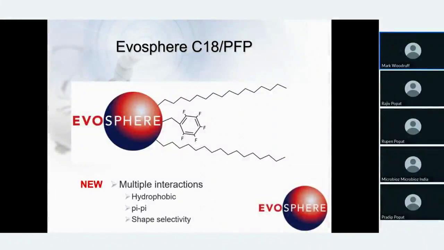We have pi-pi interactions coming from the fluorine dipole moments on the PFP functionality. And we can also gain shape selectivity. So we have three potential mechanisms helping us gain resolution between our peaks of interest.